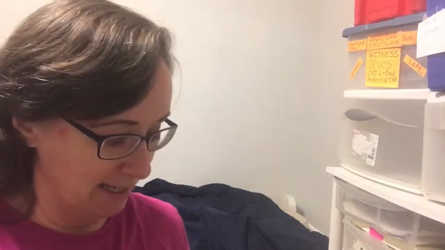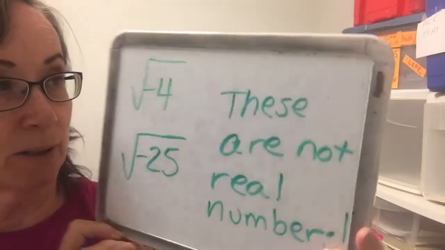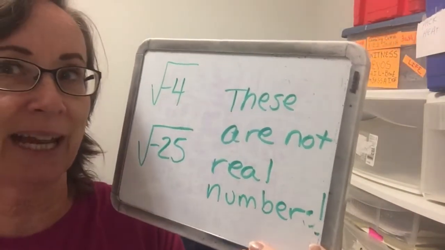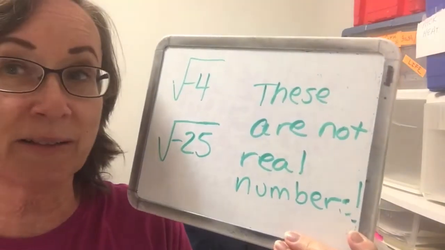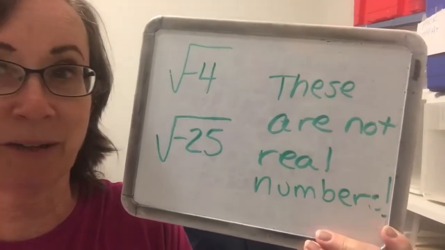Now, let's look a little further. We just did the square root of positive numbers, but now we're talking about the square root of a negative number. The square root of negative 4 is not a real number. The square root of negative 25 is not a real number.